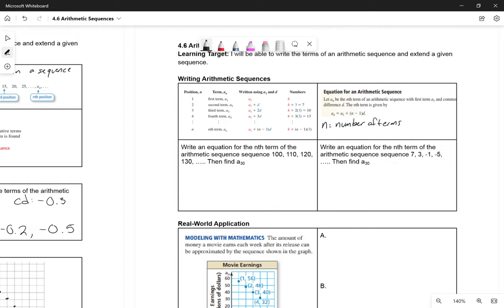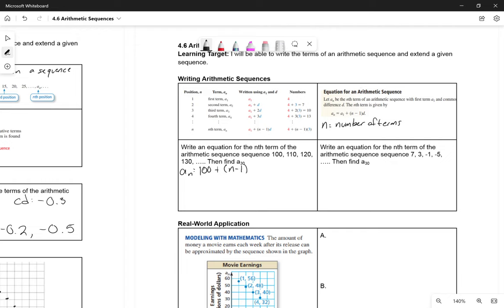So we're going to write an equation for the nth term of this arithmetic sequence and then find the 30th term. We're looking for our first equation. So a sub n equals our very first term, and our very first term in this sequence is 100, plus n minus 1.